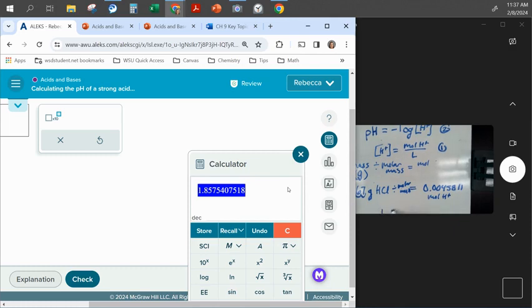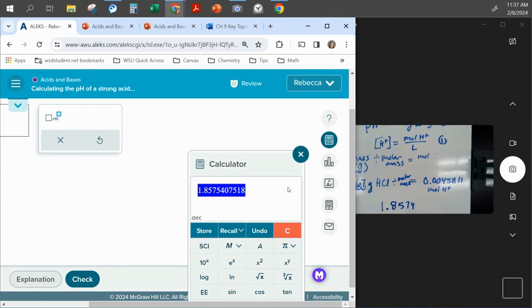So I'm going to write this number down, 1.8575. When I take the log, the number of sig figs I get is the number of decimal places I get.